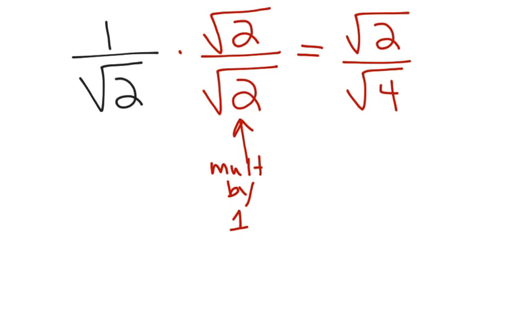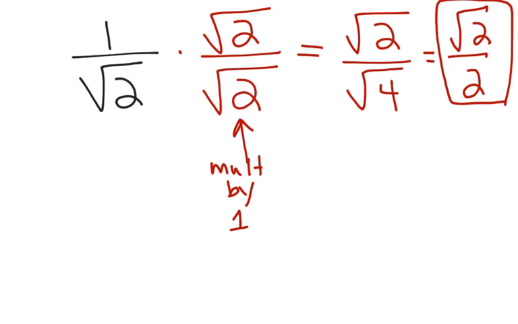So now I would get the square root of 2 divided by the square root of 4. Hey, the square root of 4, that's just 2. And this is called rationalizing the denominator. And this is actually a really good fraction to think about because it's one that's going to pop up when we study trigonometry. And oh, will it pop up all the time.